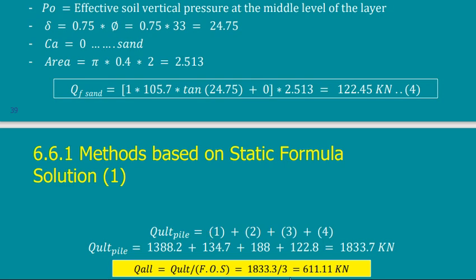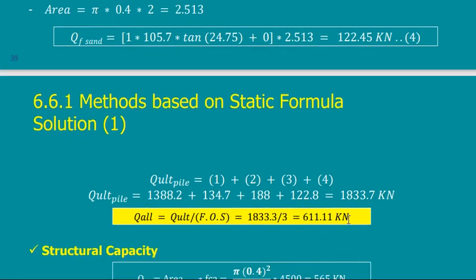Because we had 3 layers here, we had 4 items to add: for the first layer, friction; for the second layer, friction; for the third layer, friction and end bearing. So I calculate all of these and add them together, and I get the ultimate load that the soil can carry. I divide it by a factor of safety, given or not given, we can take it equal to 3. Then we get the allowable load.